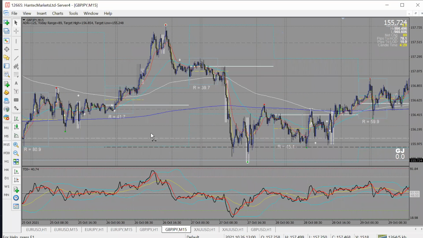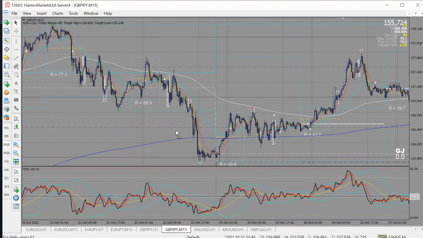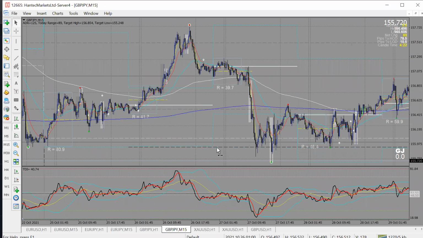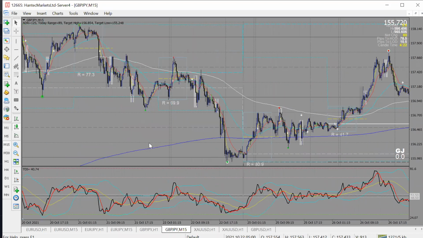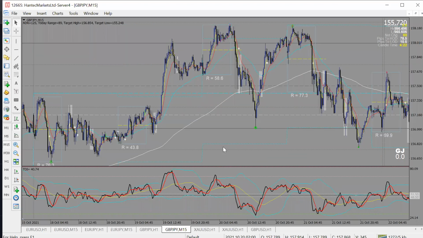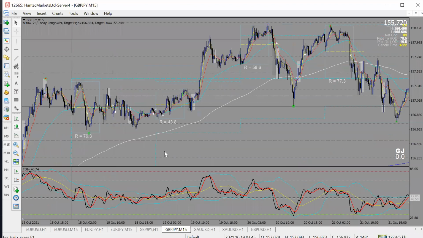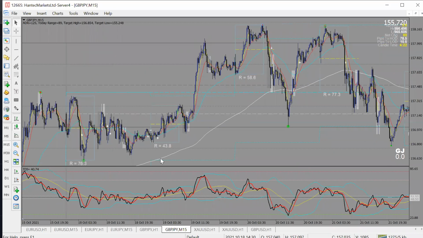I want to look for a good example of the ID50 strategy. Okay, this one here is a good example. But this thing that happened on M15 can also happen on 1 hour.